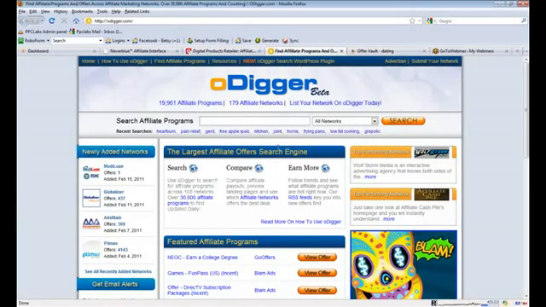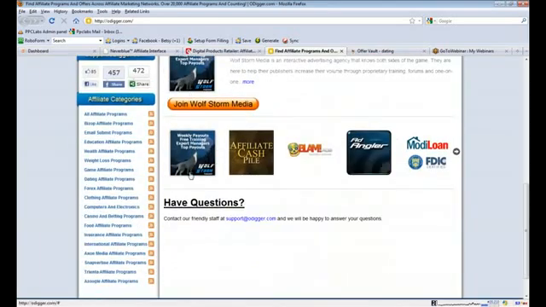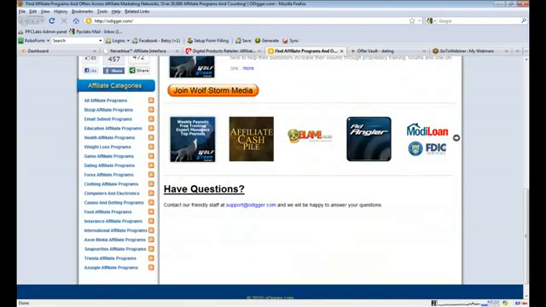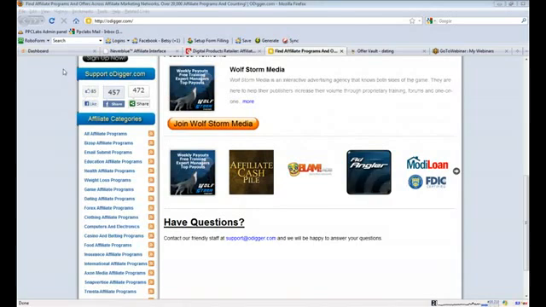ODigger is the same sort of idea here. It's just a little bit of a different interface, but the same basic idea as OfferVault. Now, I do notice that ODigger has this affiliate categories section in the bottom left. So if you want to find, let's see, hold on, education affiliate programs.